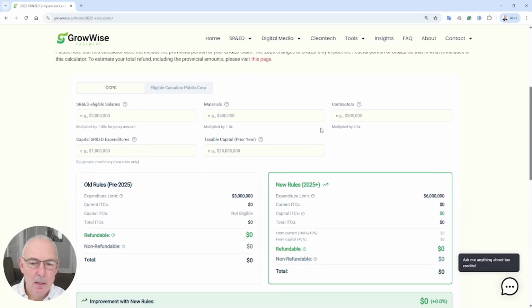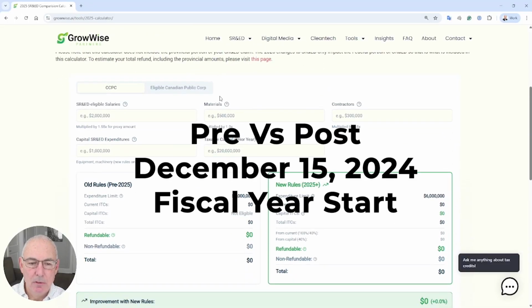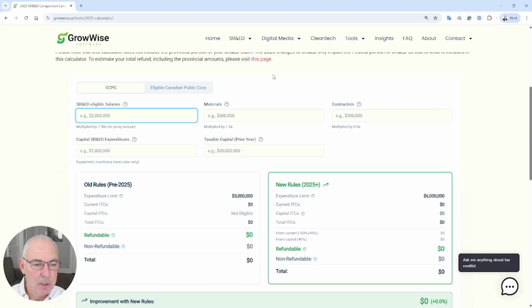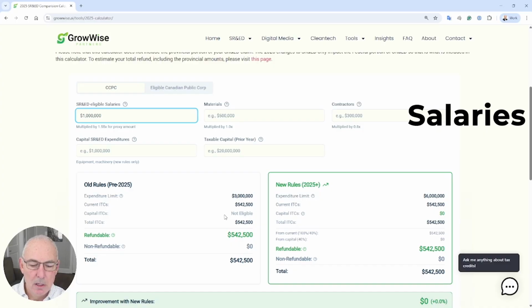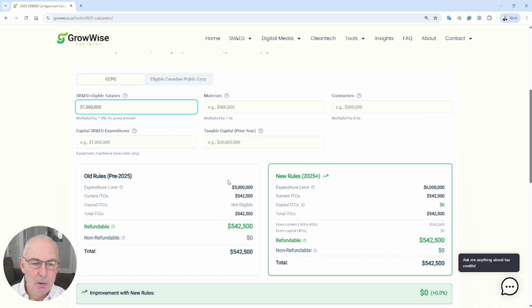Let's scroll down a little bit. Now remember, this calculator is only comparing the federal tax credits and the difference between the new rules and the old rules. So let's put in some numbers here. Let's put in, say, $1 million of SR&ED eligible salaries. We see here that there's basically no improvement between the old rules and the new rules for a Canadian-controlled private corporation.